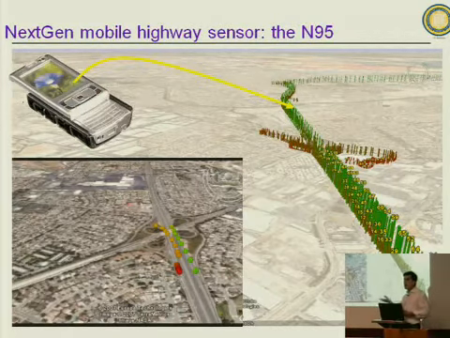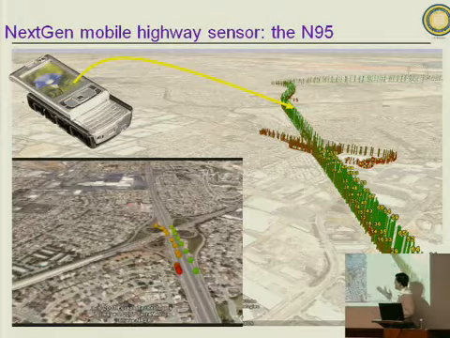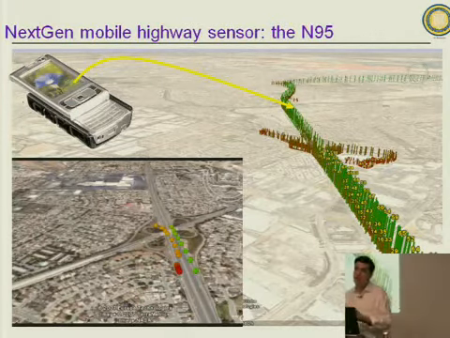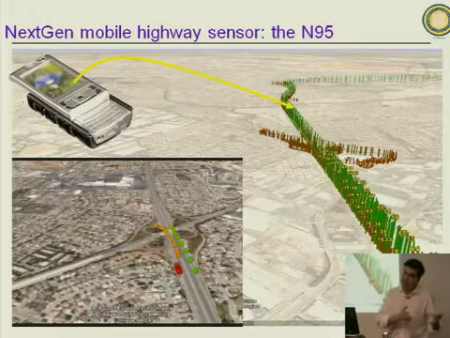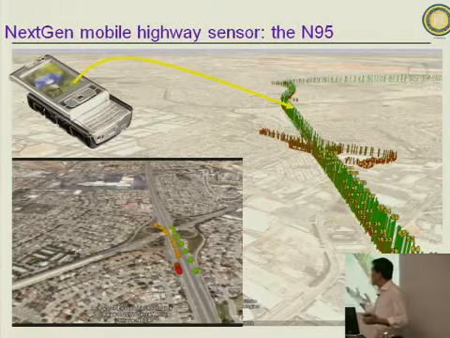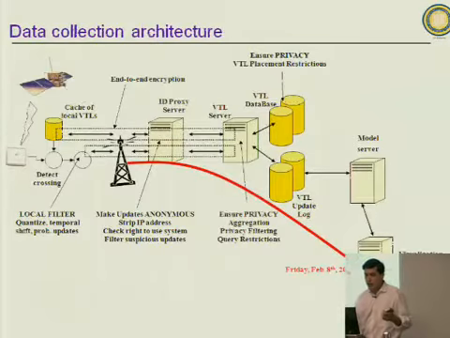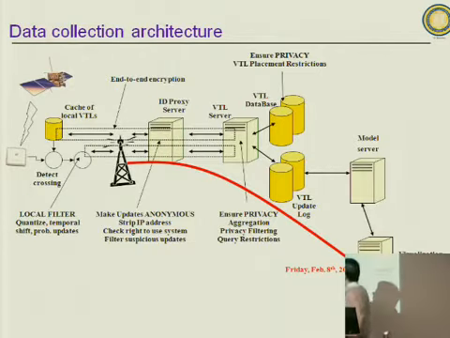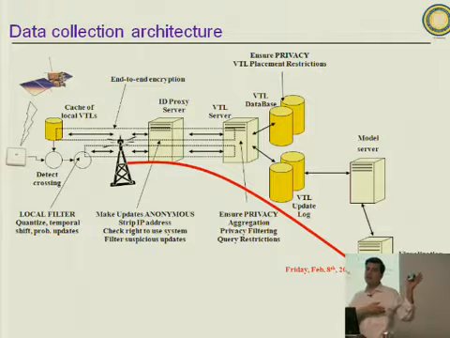So the main challenge of the study will be to figure out a way to sample this data in a way that is accurate enough for the model reconstruction, but at the same time preserves the privacy of the users. And so what we did in collaboration with Nokia over the last 6 months is develop a system that gathers data from the phones and sends it to an ID proxy server, which strips out the ID of the user so that it's really anonymous data.